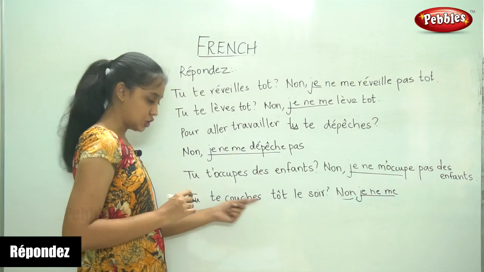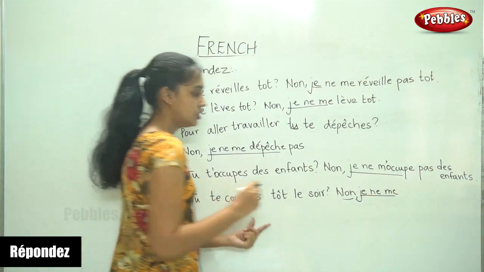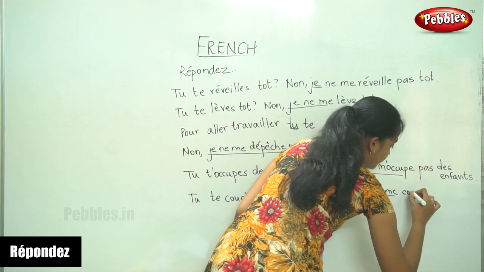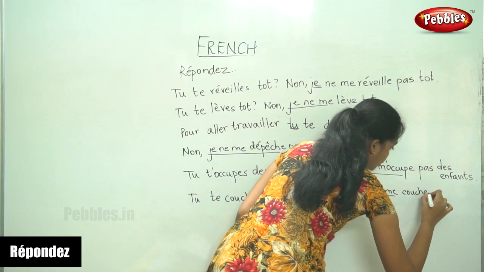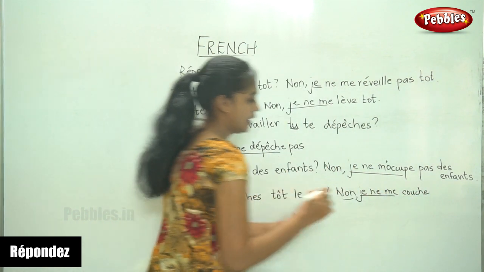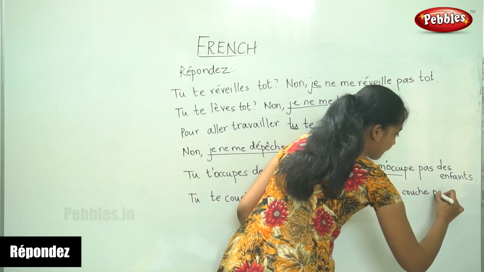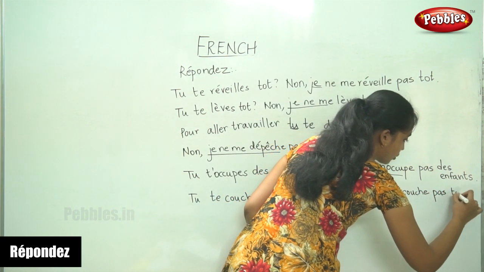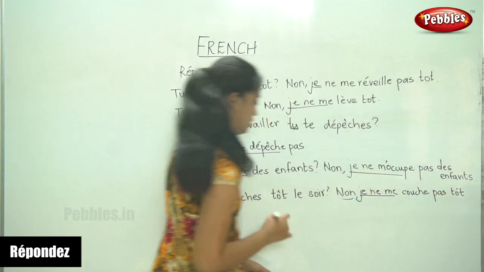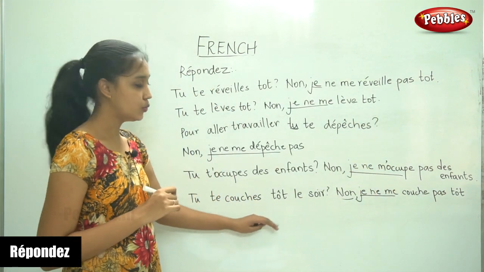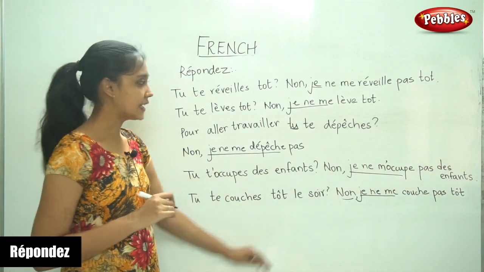Coucher is conjugated for tu. So when writing it for je, and pas tôt. So this is how we write in the negative form.